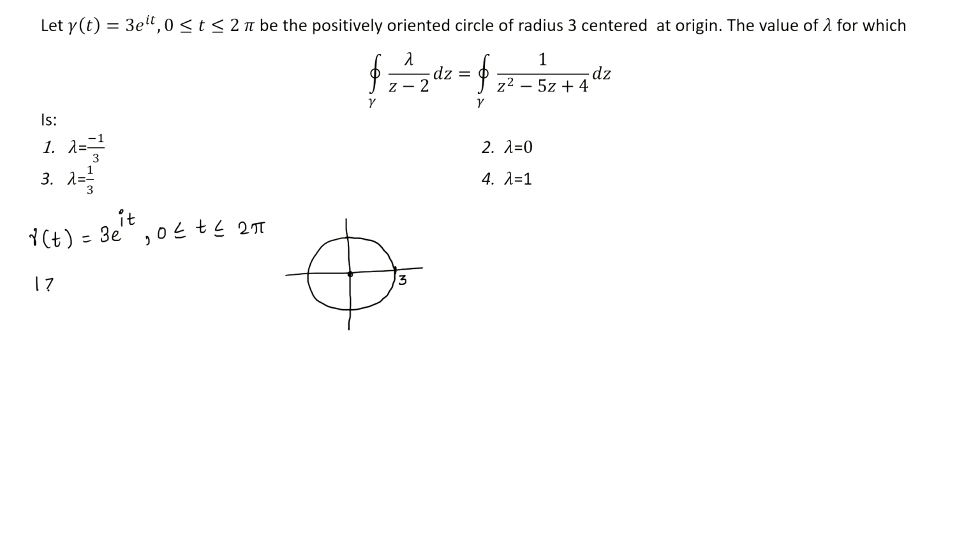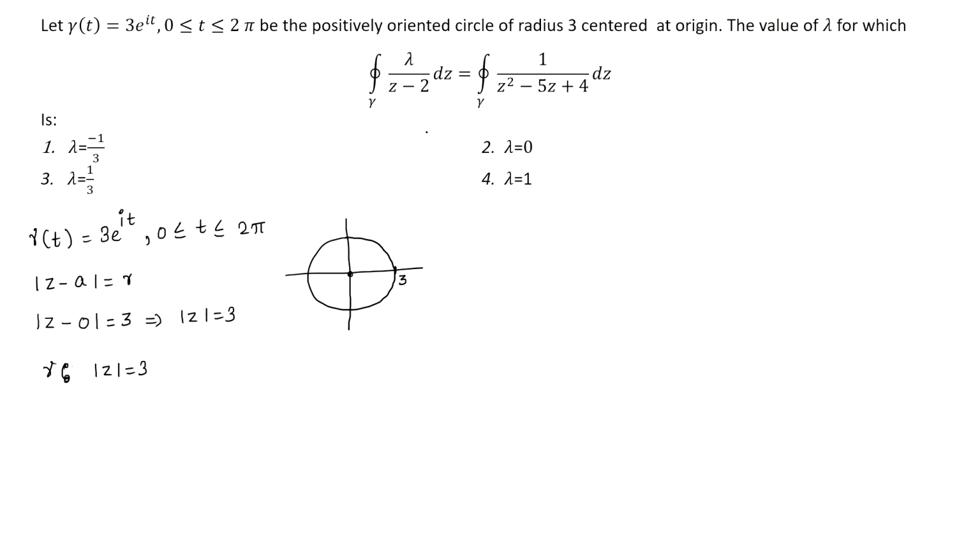Now, such a circle can be represented by mod z minus a is equal to r, where a is the center and r is the radius. So, gamma of t can even be written as mod z minus 0 is equal to 3, that is, mod z is equal to 3. So, we can represent gamma by mod z is equal to 3.